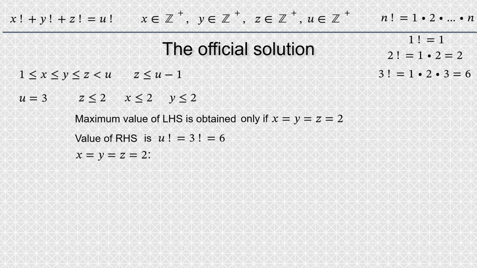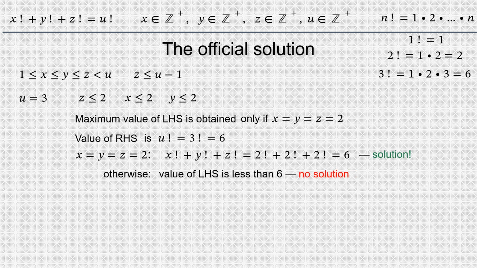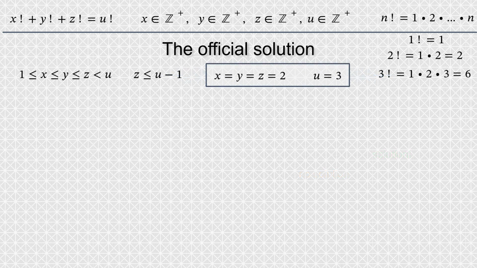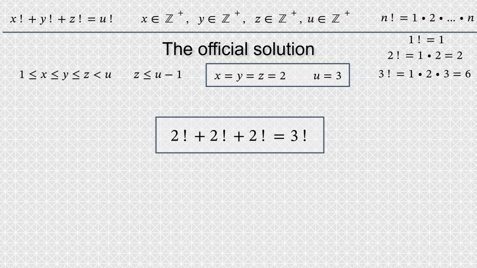When x, y, and z are all equal to 2, the left-hand side equals 6 and matches the right-hand side, providing the solution of the equation. While if at least one of x, y, or z is less than 2, the value of the left-hand side is less than 6 and doesn't match the right-hand side. And we get the same solution as before and the familiar identity.